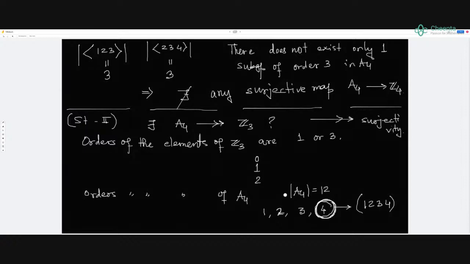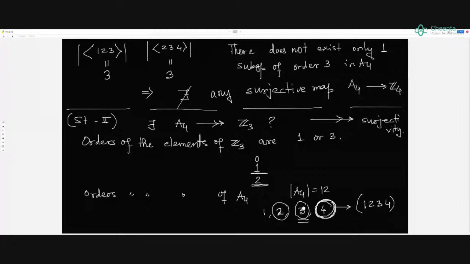The surjective map is: see, the order 3 elements are precisely (1 2 3), (2 3 4), (1 3 4), the combinations of these 3 cycles. So all those order 3 elements will be mapped to either 1 or 2.